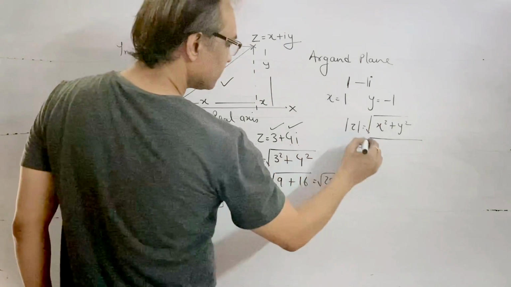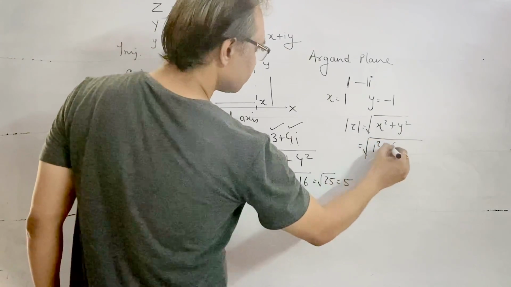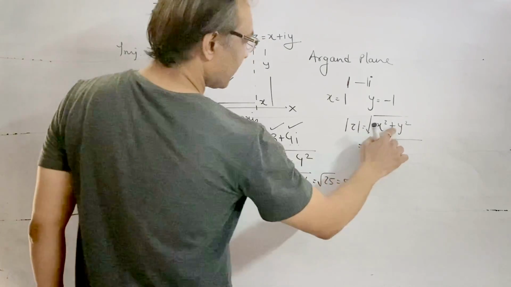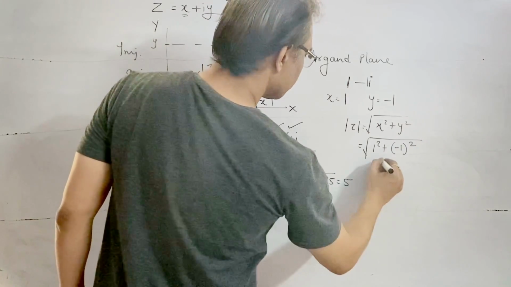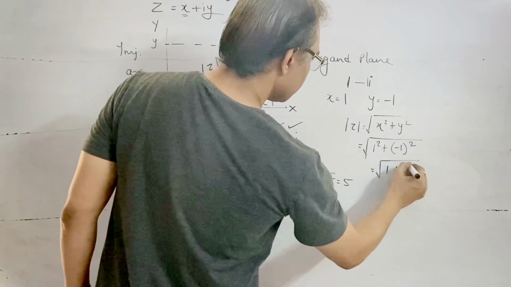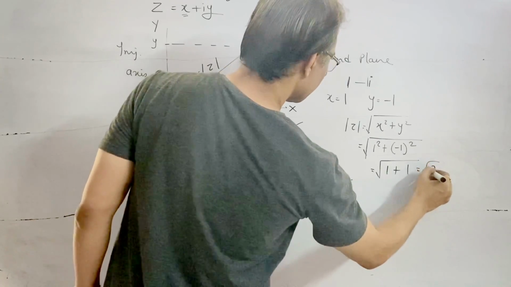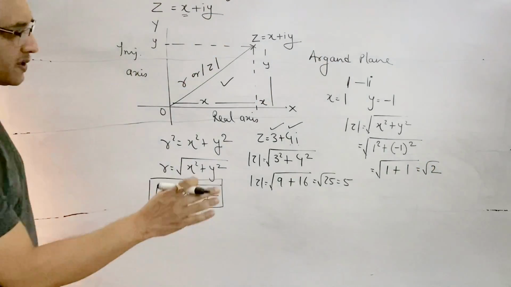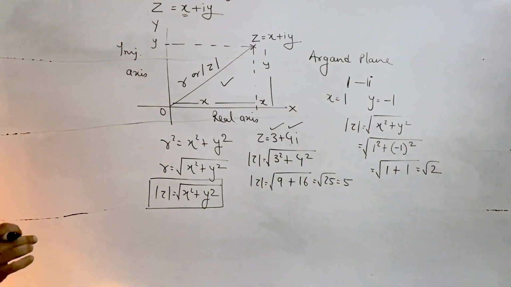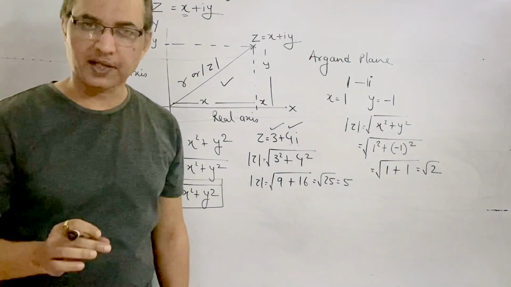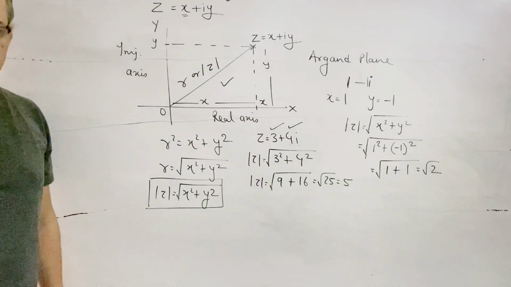X is 1, so this becomes 1 square. Y is minus 1, so minus 1 square. So we have under root 1 plus 1, that is root 2. So mod z is root 2. In this way, we can find the modulus of a complex number. Got it?